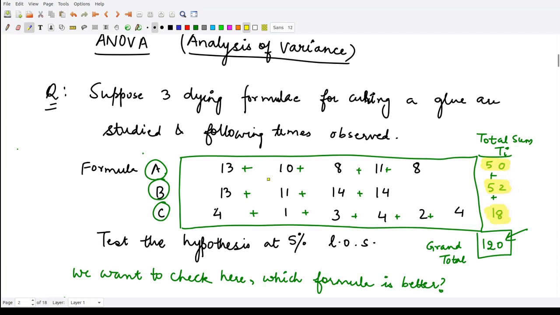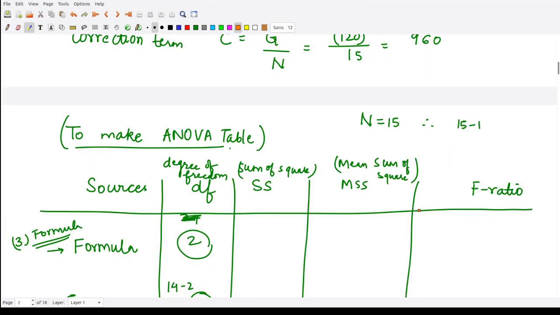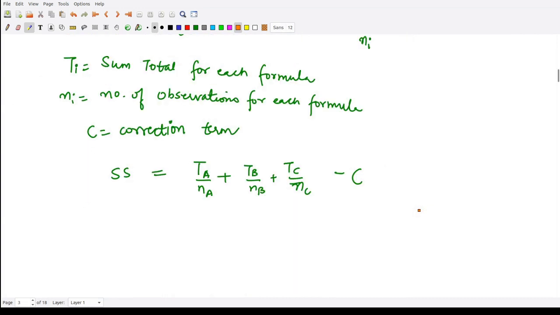And how many observations are available here? For formula A, we have 1, 2, 3, 4 and 5, so the value of NA would be 5. The value of NB would be 1, 2, 3 and 4, so NB is 4. And NC is 1, 2, 3, 4, 5 and 6, so we have a total of 6 values here.